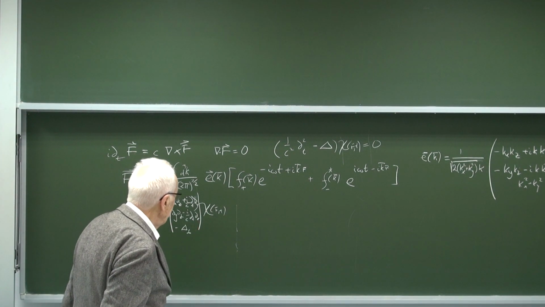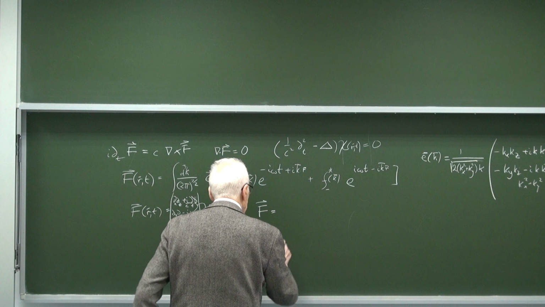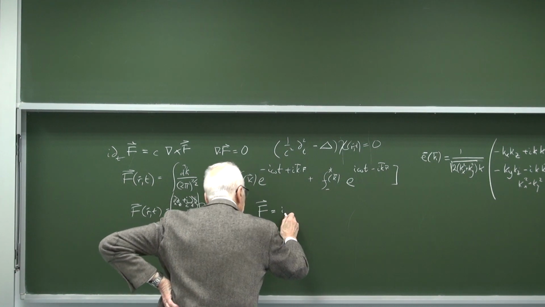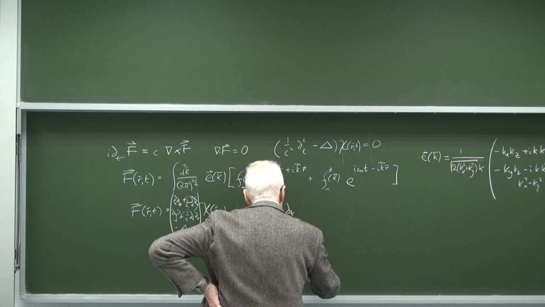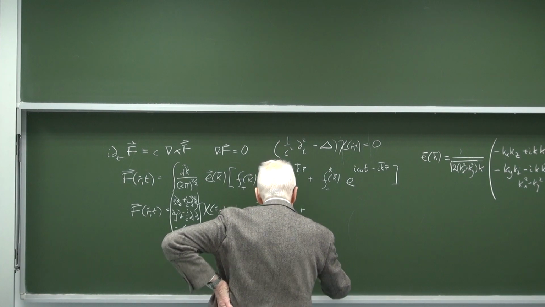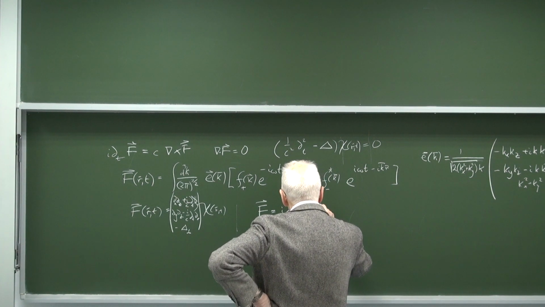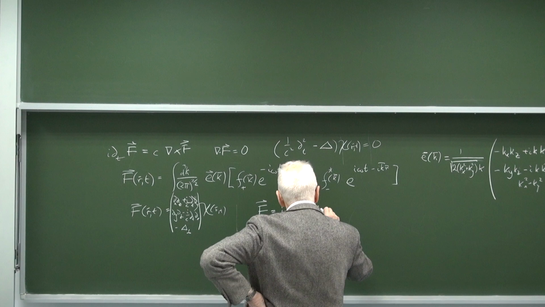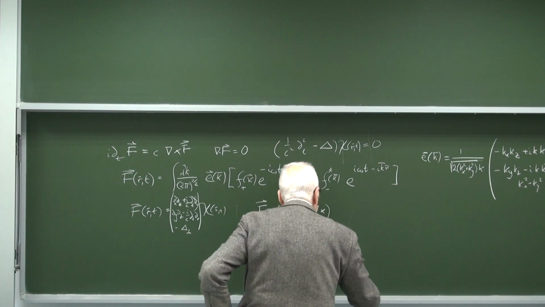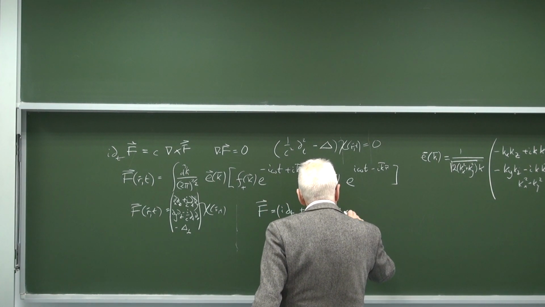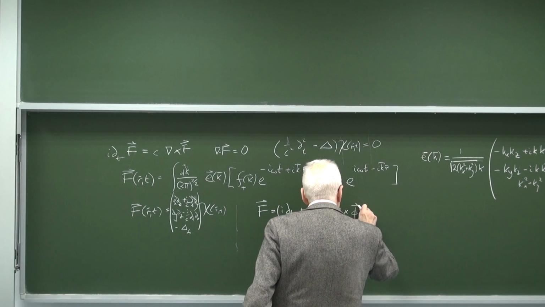So let's now see how this works, but before that, I may write this in a somewhat more general form. Namely, I can also say that f is equal to i d/dt plus c curl acting on a curl of some unknown vector function, call it phi.